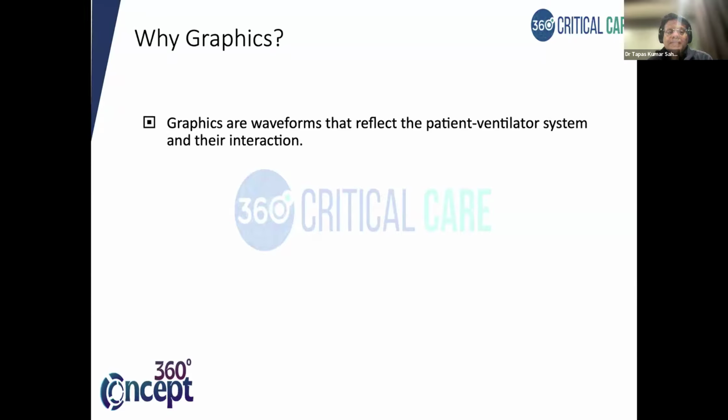Now, why graphics? Why are graphics important? Graphics are waveforms that reflect the patient-ventilator system and their interaction. Simple.